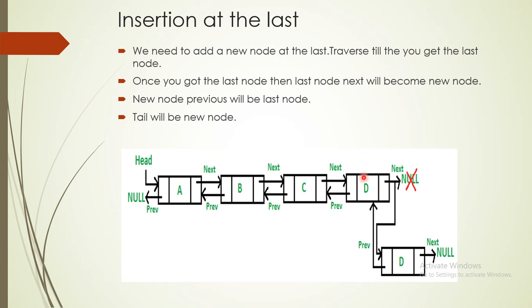Suppose I am having a current pointer here, so in its previous I will make it point to this. And then I will make the tail also point to the newly created node, not the previous one. So insertion at the last will also be successful like this.